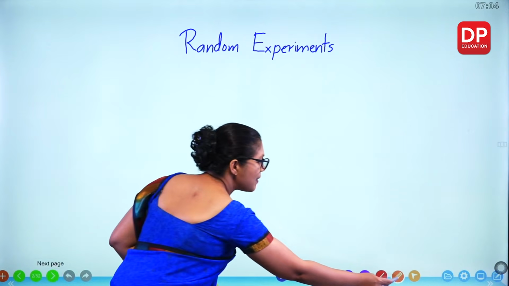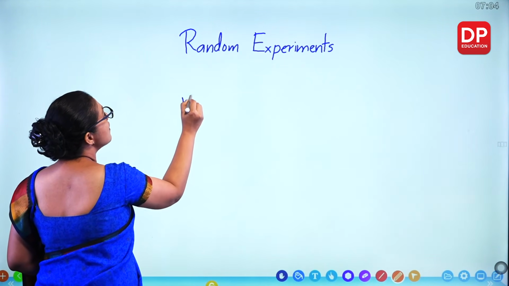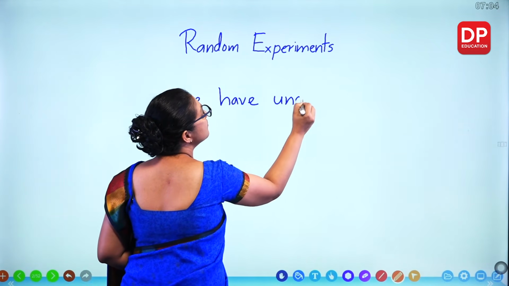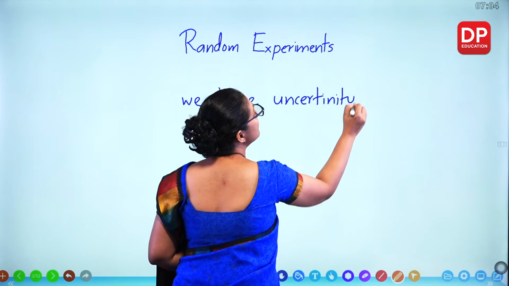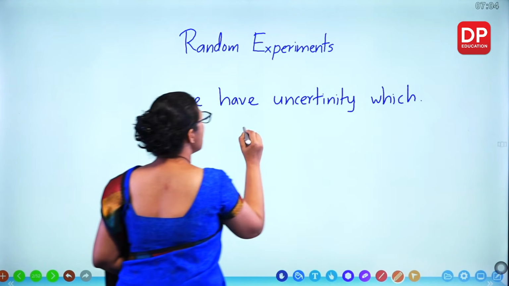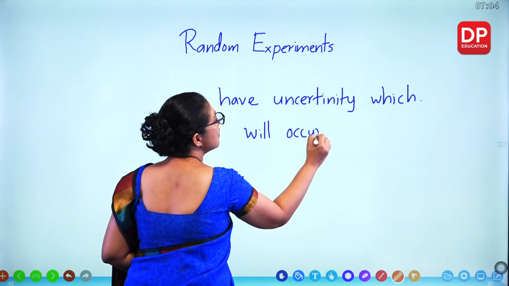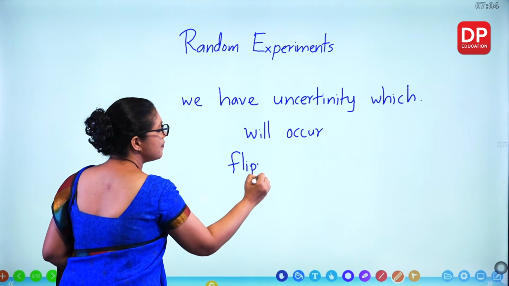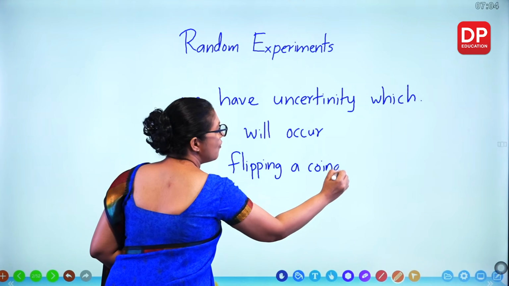So what are random experiments? We have uncertainty about which outcome will occur. So flipping a coin, we don't know.